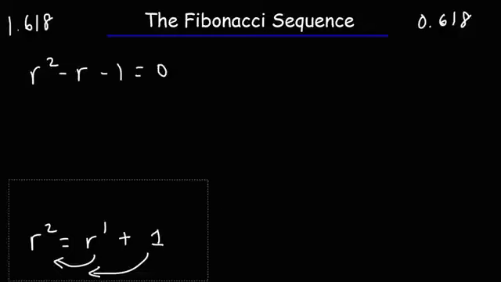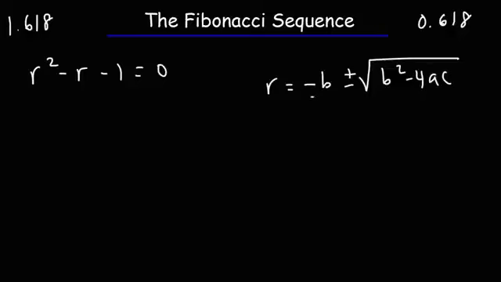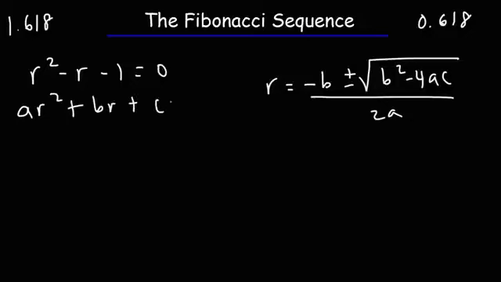And so what we have is an equation in quadratic form. So we're going to use the quadratic formula to get the answer. R is going to be negative b plus or minus the square root of b squared minus 4ac, divided by 2a. And this is in the form ar squared plus br plus c.